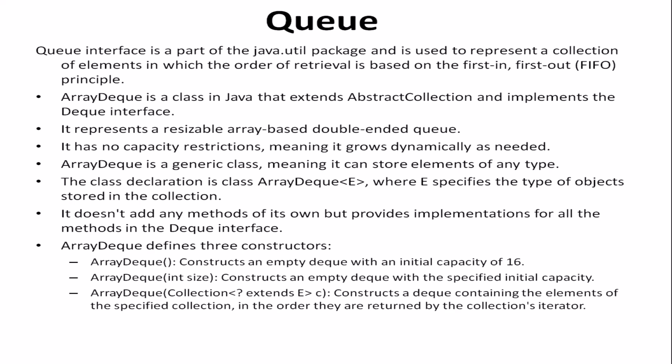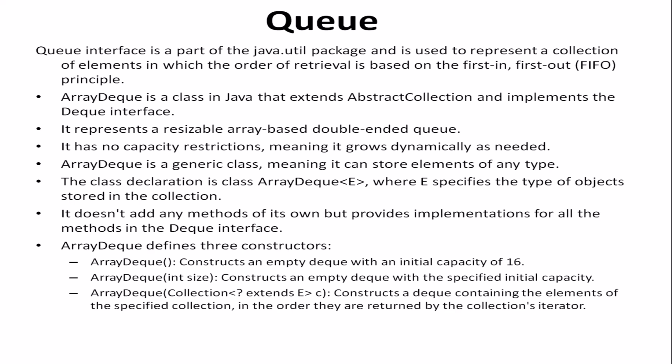There is a class declaration. You can use the class ArrayDQ specified by E, where E specifies the type of the objects stored in the collection. It doesn't add any methods of its own but provides implementation for all the methods in the DQ interface.